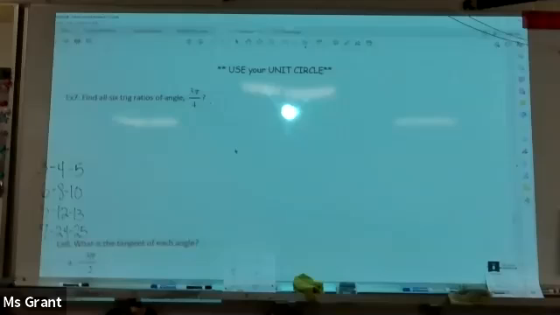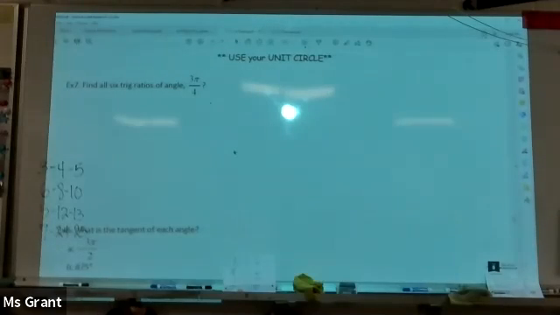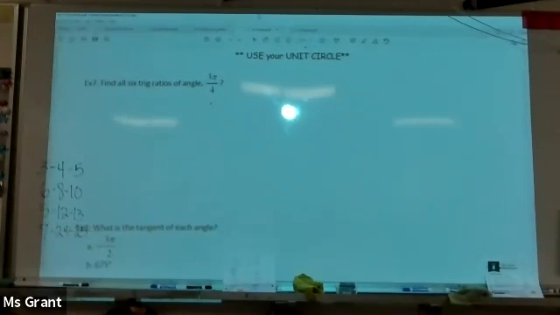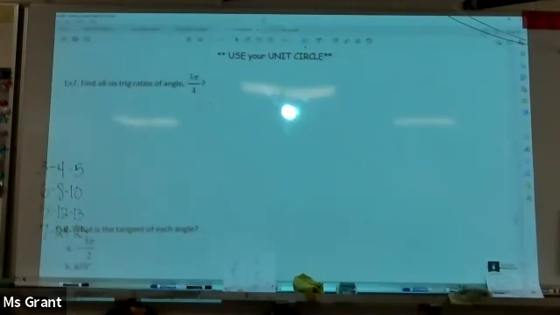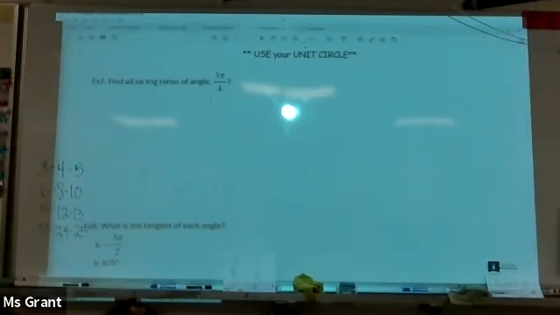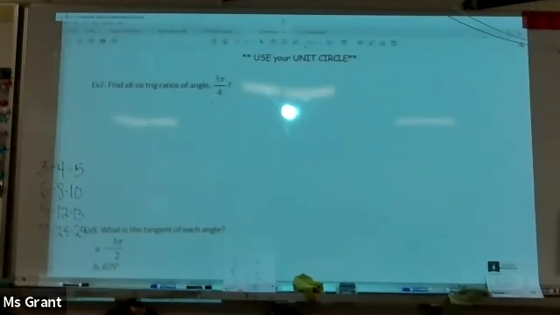And here we go. So it says use your unit circle. You have your unit circle handy. Also, let me go just a little bit over on the side. On the side of the board, I put Pythagorean triples.